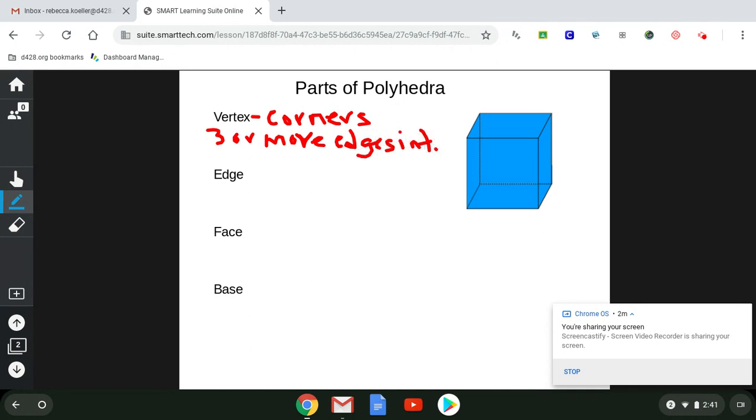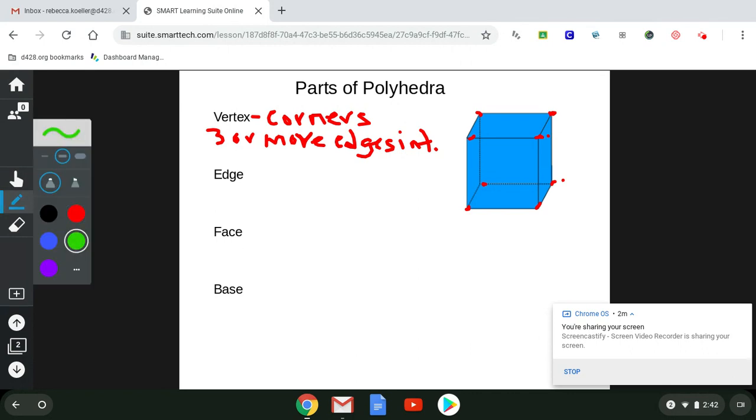I'm writing "INT" for intersect. So all these little corners here are vertices, because three or more edges intersect at that point.